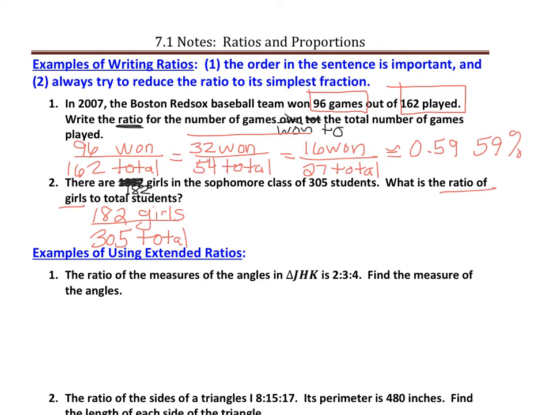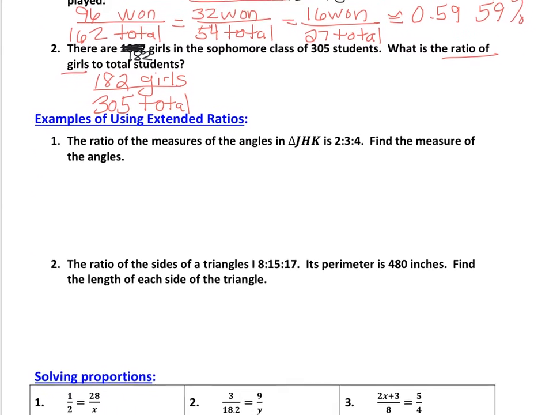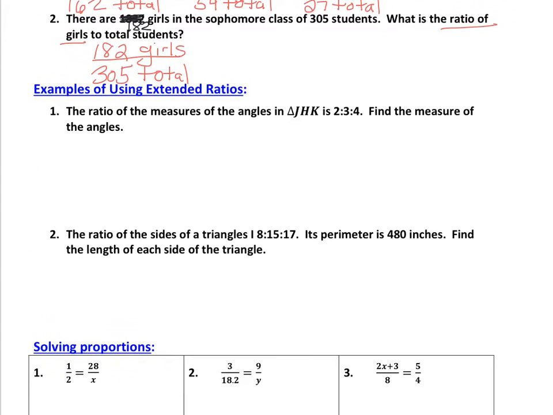It's definitely not divisible by 5 or 61. So that is as simple as it gets. And of course we could also take the quotient and turn that into a decimal. All right, let's use extended ratios in a couple of examples.